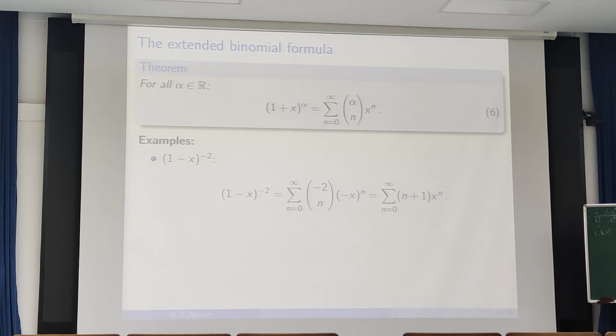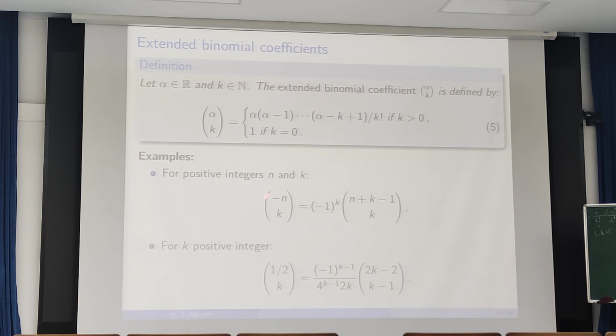Okay, so we go back to our example on Maclaurin series. As I said, we can write the term g squared as 1 minus x to the power minus 2 here. Then if we apply this formula, we get this. And on the previous slide, luckily, we had already calculated this. So we can replace n by 2 here.